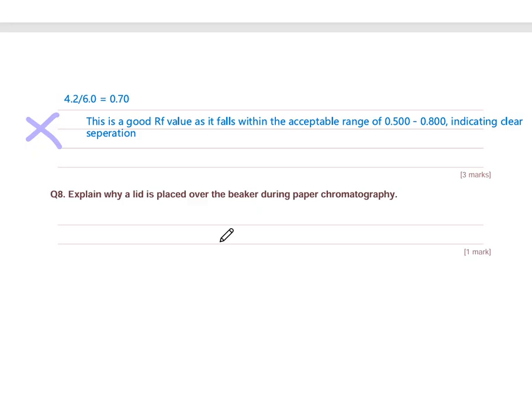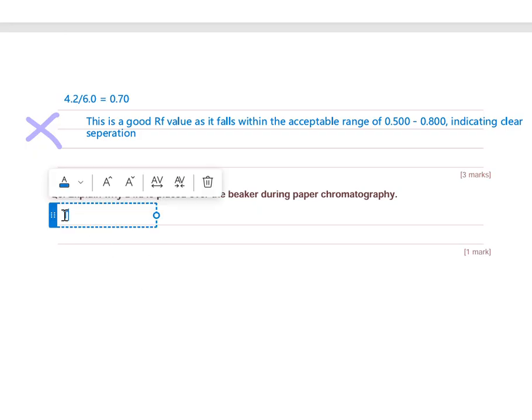Okay. Explain why a lid is placed over the beaker during paper chromatography. I still can't say it to this day. Let's say it is to prevent solvent from evaporating.